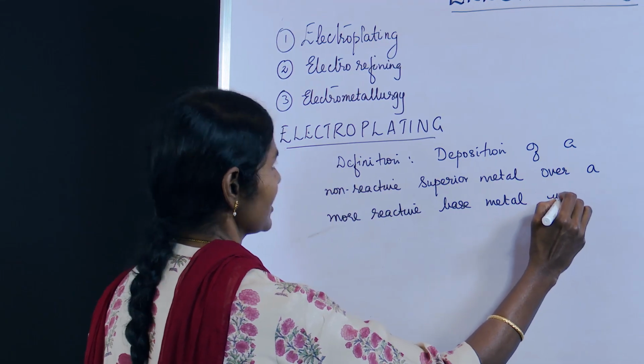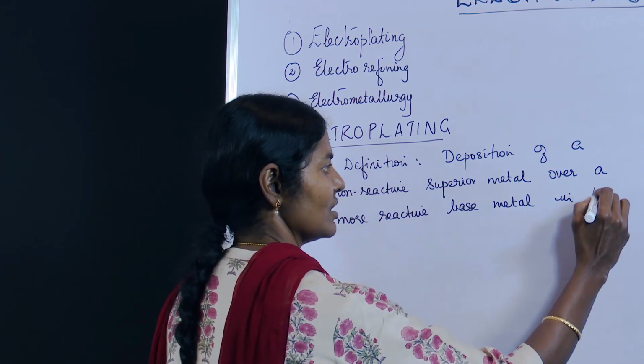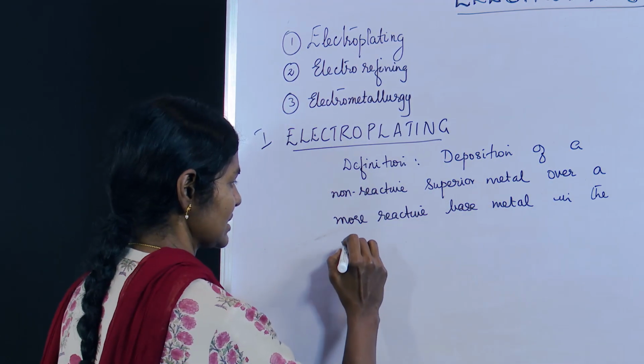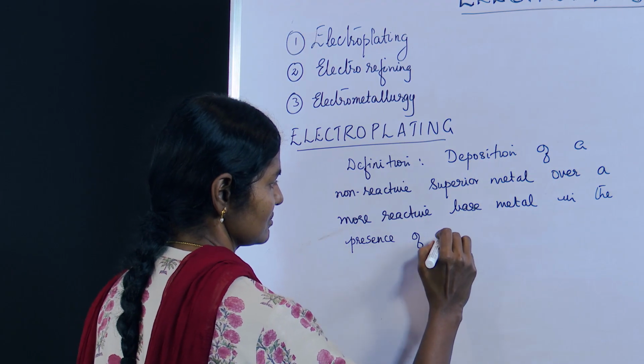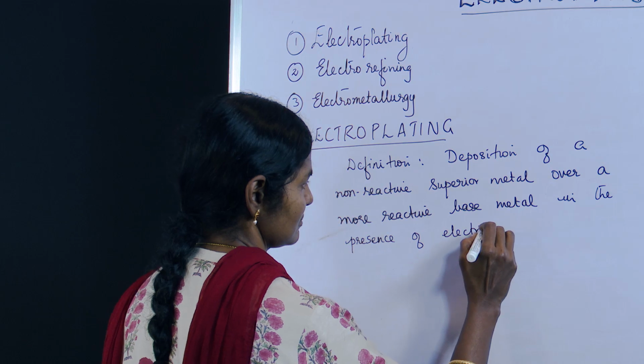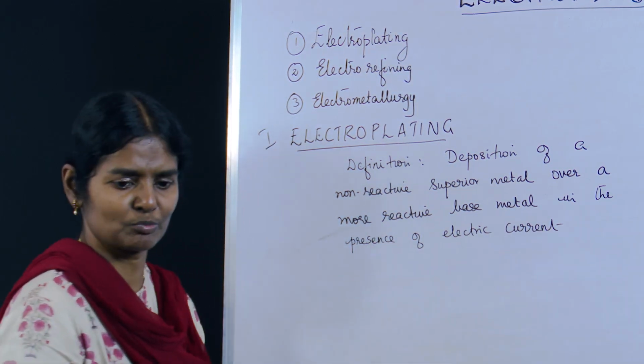We should not forget the word electro. So it is happening in the presence of electricity or electric current. This is the definition of electroplating.